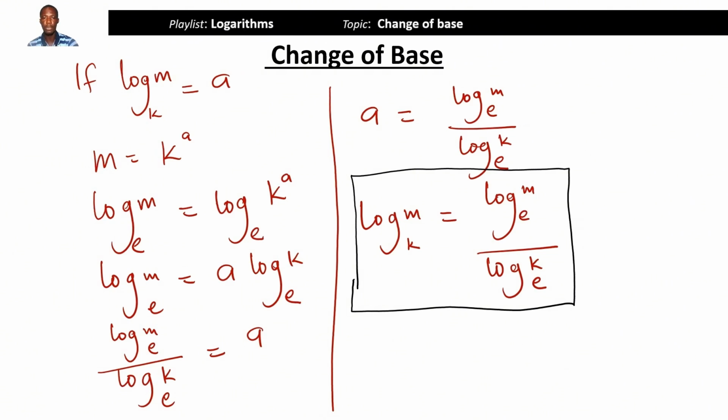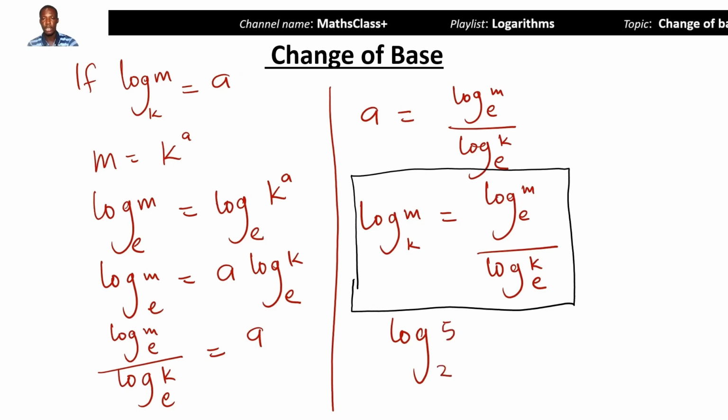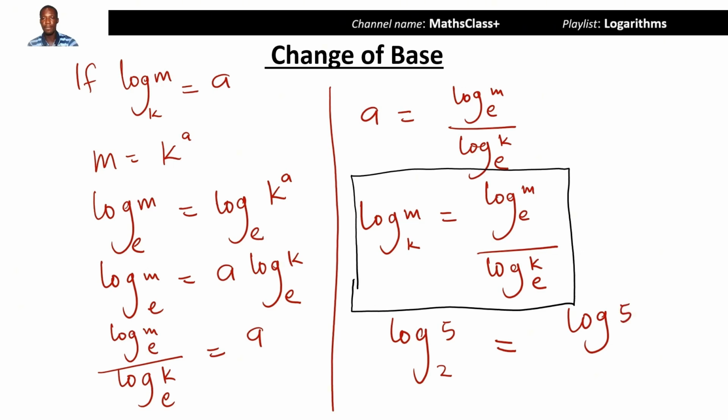In logarithm, you can change the base of a log value. For instance, if you have log 5 base 2, this one can be written as log 5 divided by log 2. In this case, I've used a common base of 10 for both of them. So that is what it means.